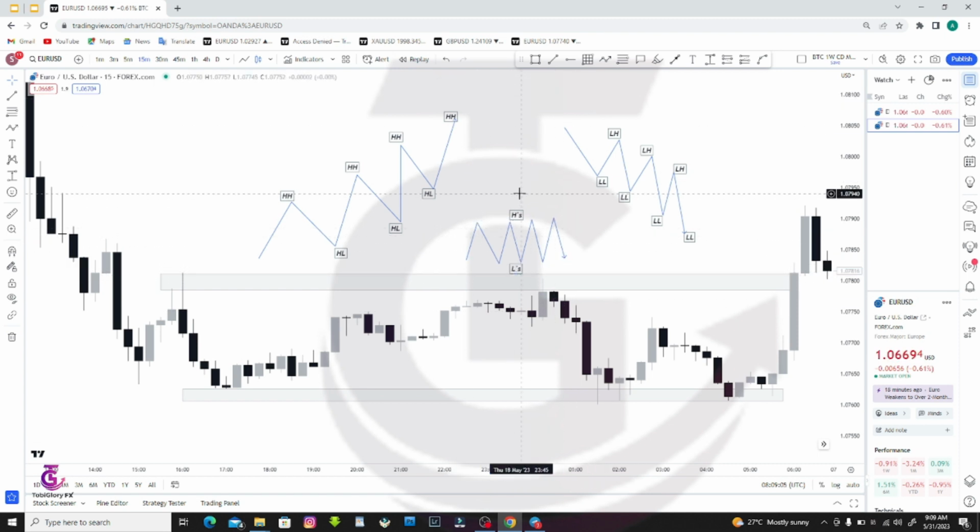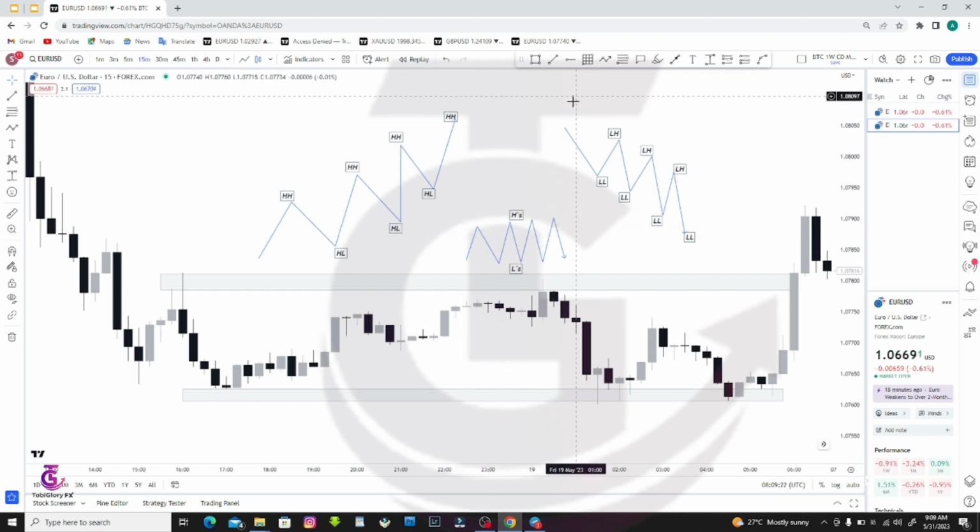Now, why did I call this higher high and this higher low, or this lower high and this lower low? Now, this is a sideways market. It is a ranging part of the market.